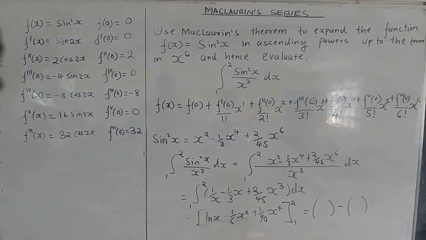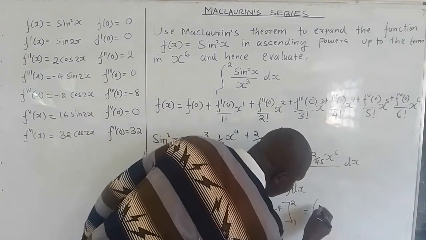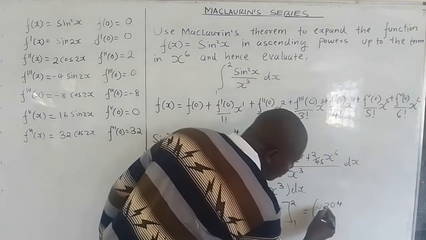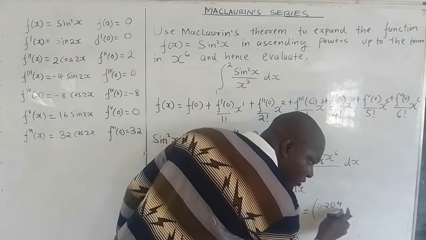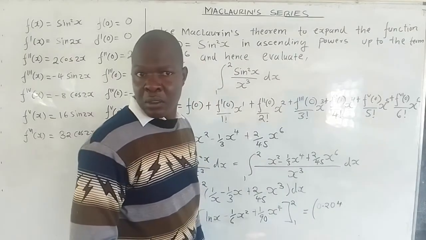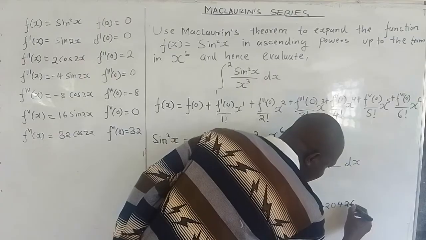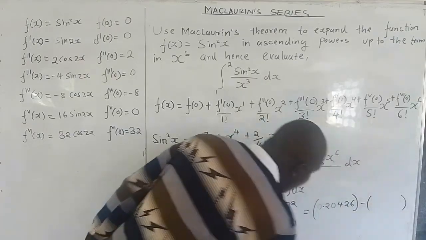So you found 0.20426, to 5 decimal places. Then substitute the lower limit 1.